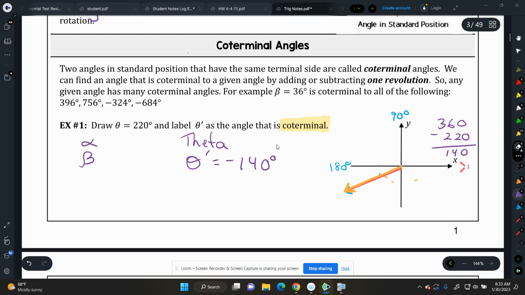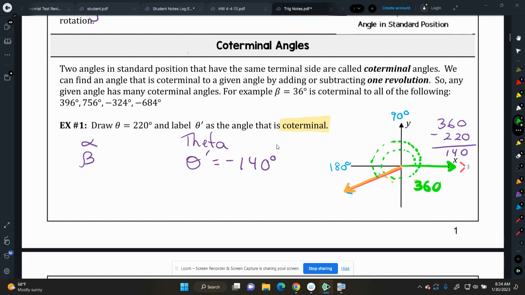Let's say that I started here and I went all the way around. How many degrees would that be? 360. And then I continued 220 degrees.